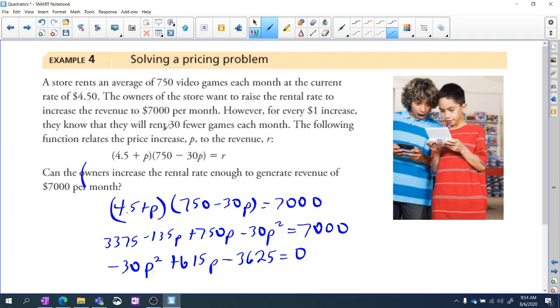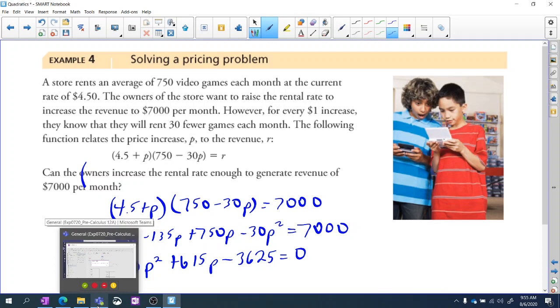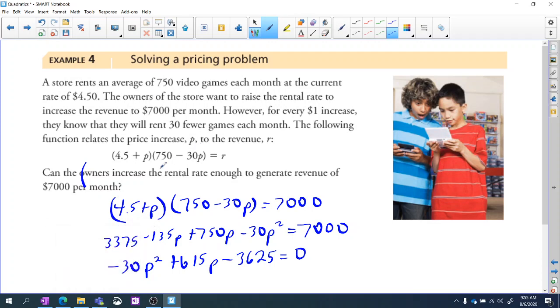When I multiplied this all out, I got this on the left side. Then I moved my 7,000 over and I arrived at this quadratic. So the question is, is it possible to get a value for P, being a price increase, so that this actually works out? We're going to try and solve it and see what happens.